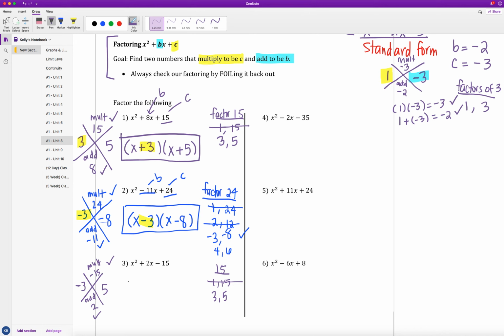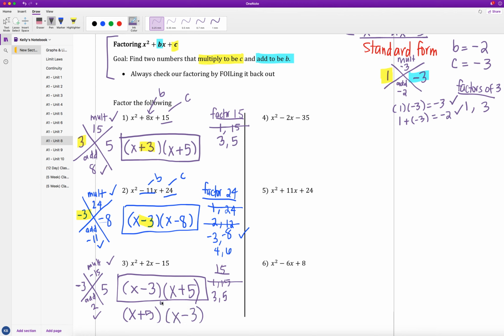The last step I have to do is make sure I write these as factors. So I'll have x minus 3 as one of my factors times x plus 5 as my second factor. It actually doesn't matter the order in which you write these. So you could have written your answer here in example 3 instead as x plus 5 times x minus 3.